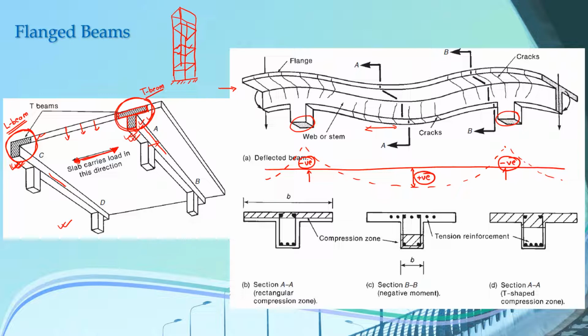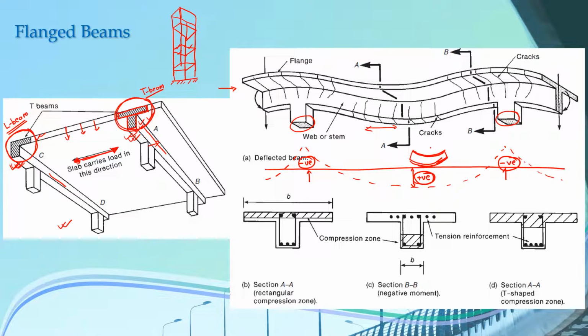The positive bending moment means that if we suppose that this is the section of our beam here, then we have tension at the bottom surface and compression at the top surface.